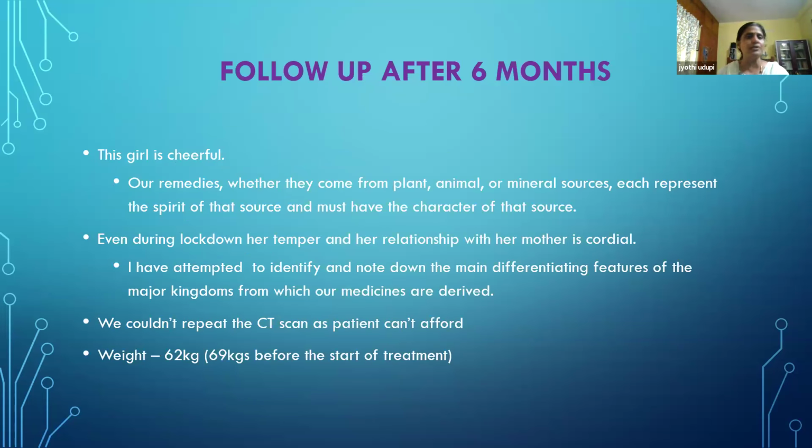Follow up after 6 months: the girl is cheerful. Whether they come from plant, animal, or mineral sources, each represents the spirit of that source and must have the character of that source. Even during lockdown, her temper and her relationship with her mother is cordial.